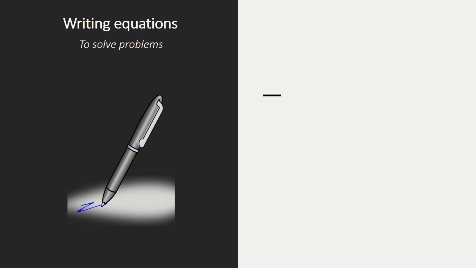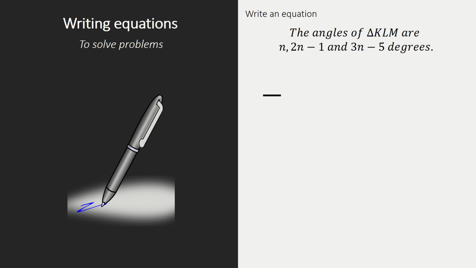Another example could be the angles of triangle KLM are n, 2n minus 1, and 3n minus 5 degrees. First of all, if you want to write this as an equation, what do we know about the angles of a triangle? Of course, we know that the sum of the angles of a triangle is always equal to 180 degrees.